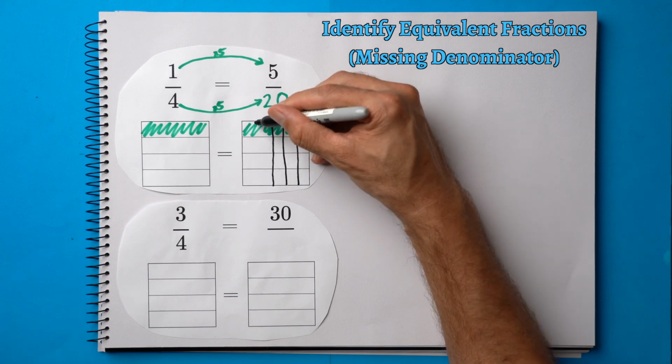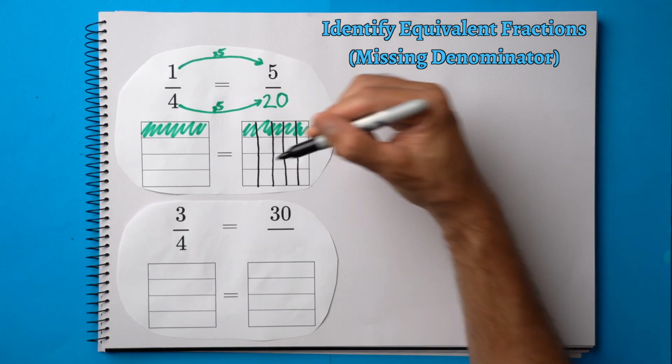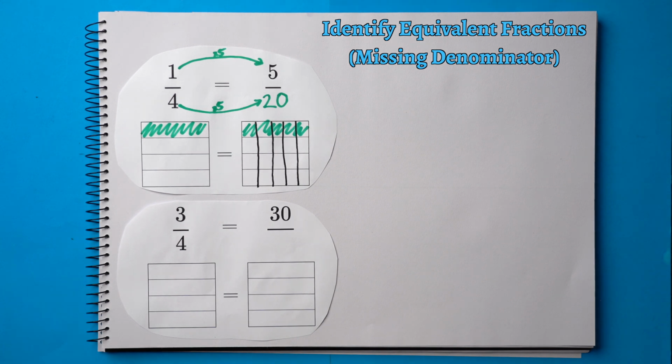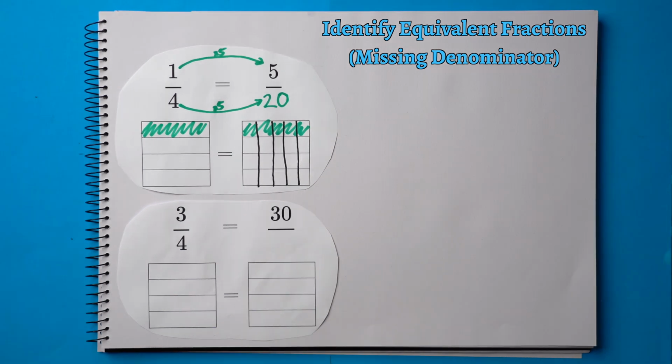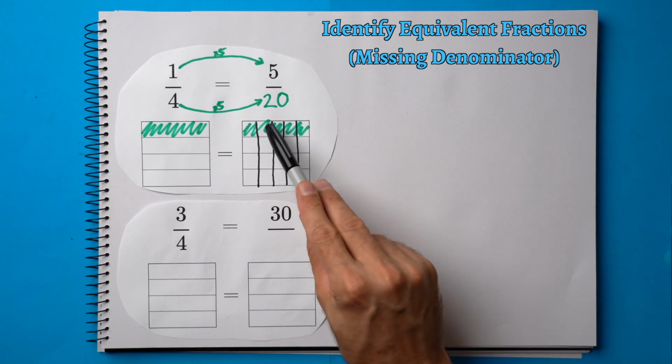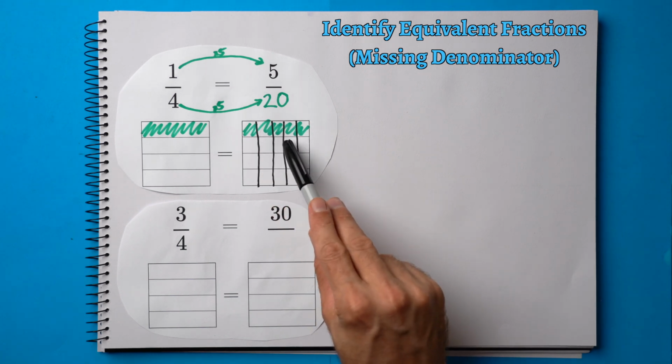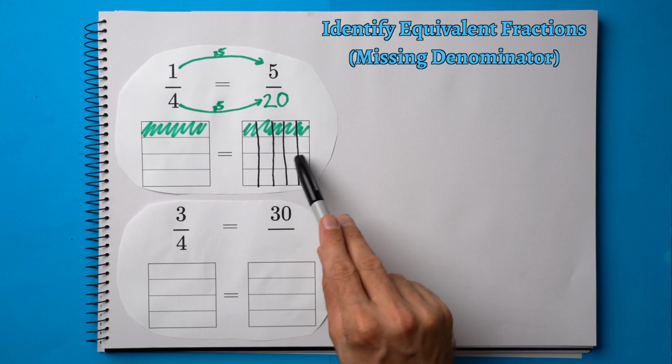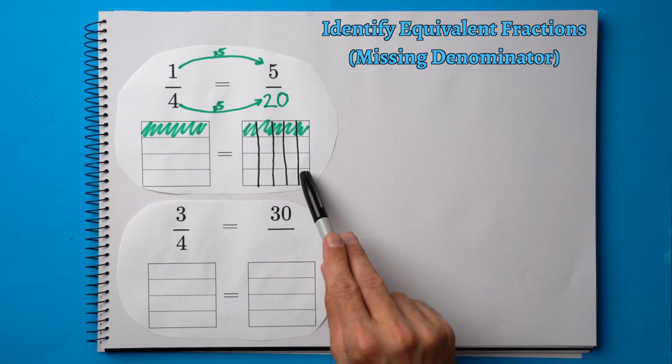Oh no, I haven't done a very good job of doing it equally, but you get the idea. We've now got 20 somewhat equal pieces. 1, 2, 3, 4, 5, 6, 7, 8, 9, 10, 11, 12, 13, 14, 15, 16, 17, 18, 19, 20.